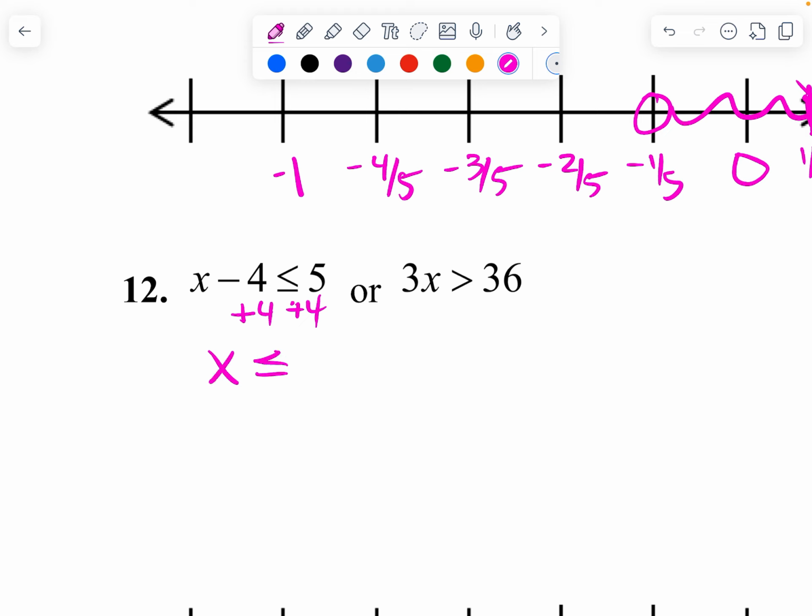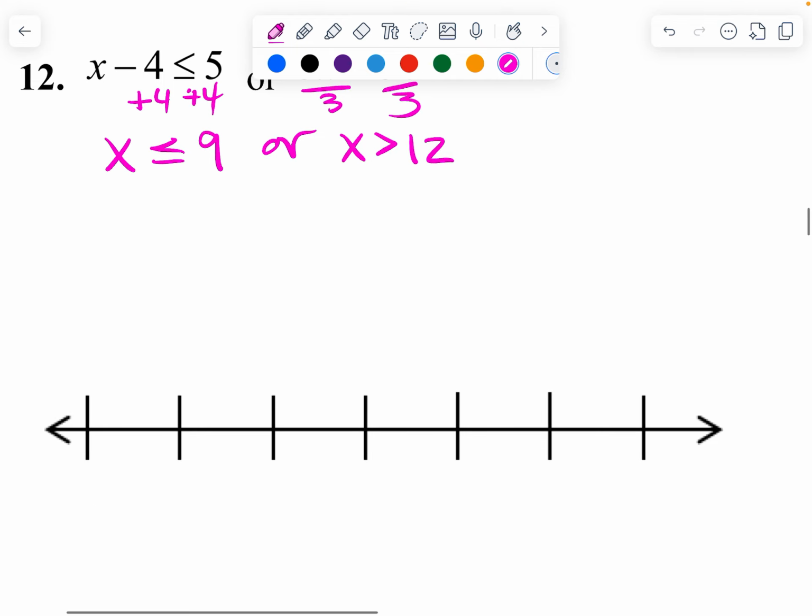X is less than or equal to 9, or x is greater than 12. So 8, 9, 10, 11, 12, 13, 14.